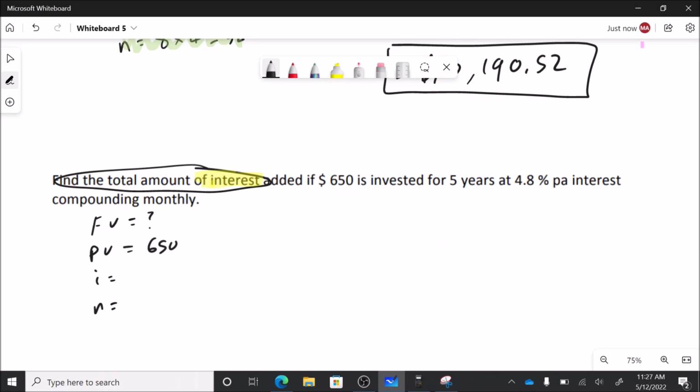Okay, now the interest, we've got our 4.8%, which we convert to a decimal, so 0.048, and this time it's compounding monthly. So how many months in a year? Well, there's 12 months in a year, so we need to divide this 0.048 into 12 equal parts.